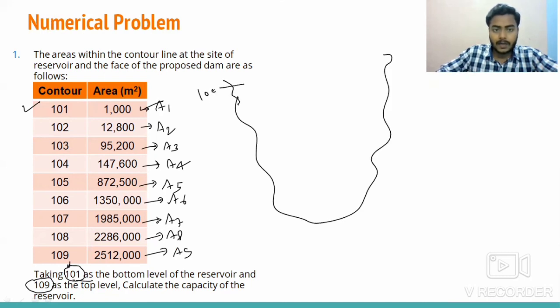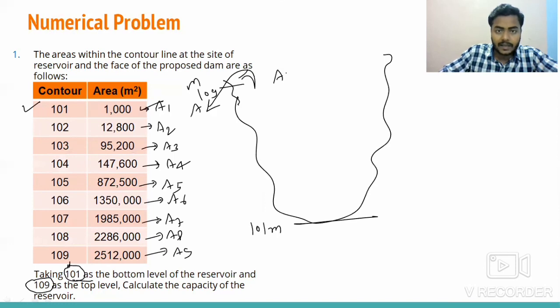Here is 109 and here is 101. At 109 the area we are getting is 2512, and here the area is 1000 square meters.